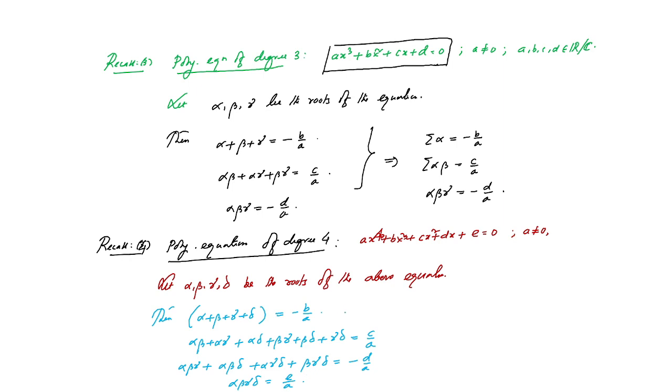So here I am just considering these as equations 1, 2, 3 and 4. We can also write them in this form: summation alpha equals minus b by a, summation alpha beta equals c by a, summation alpha beta gamma equals minus d by a, and alpha beta gamma delta is only one term, so you can't apply any summation here, so this is e by a.